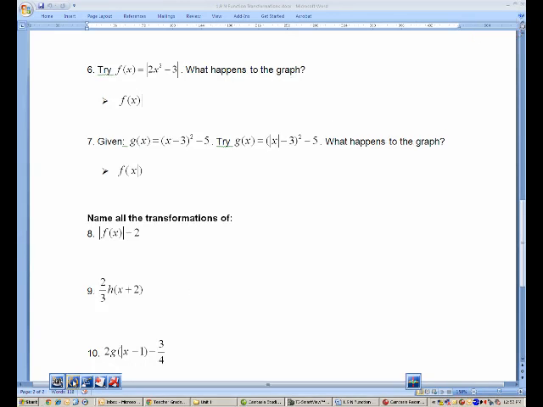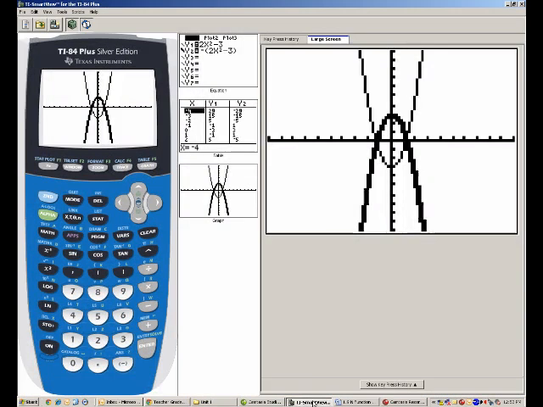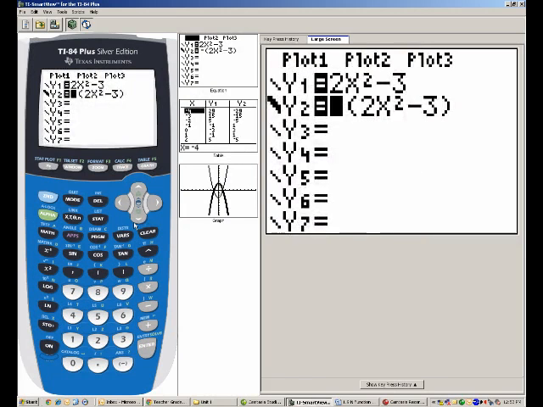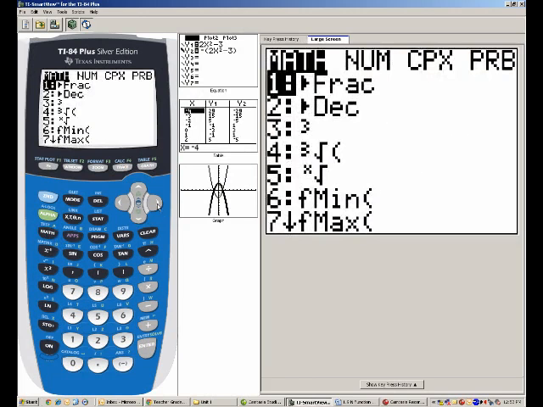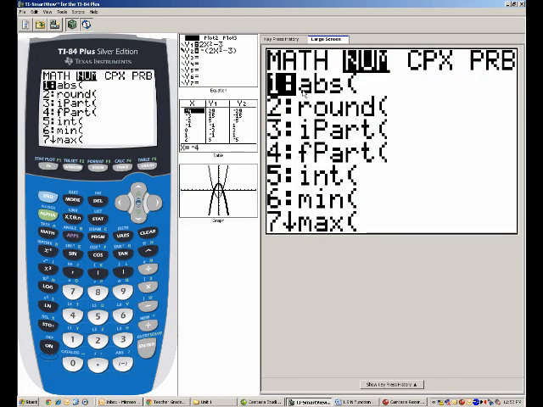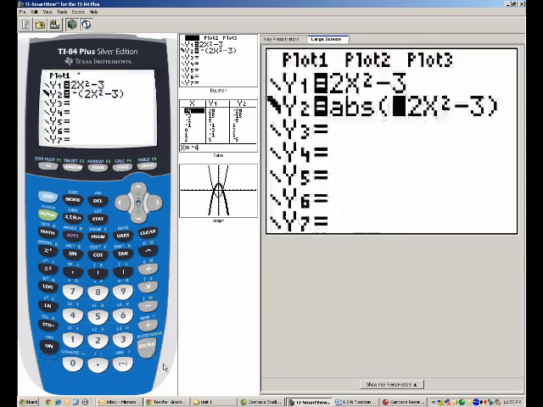For the number 6, we want the absolute value of the whole function. Okay? So, we're in y equals. You're going to press math. You're going to arrow over to number. And you're going to choose ABS. That stands for absolute value. Okay?